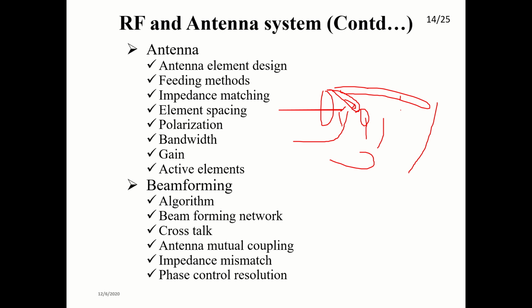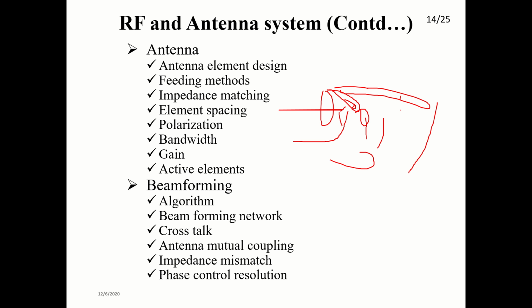And what sort of beam forming algorithms are you going to deploy, whether fixed beam or phase shift, and what kind of phase shifters you are going to use, as we mentioned in the previous presentations, like analog phase shifters, digital phase shifters. So multiple things are there. First we have to see all these possibilities before we go for high level design. We have to take care of these things.